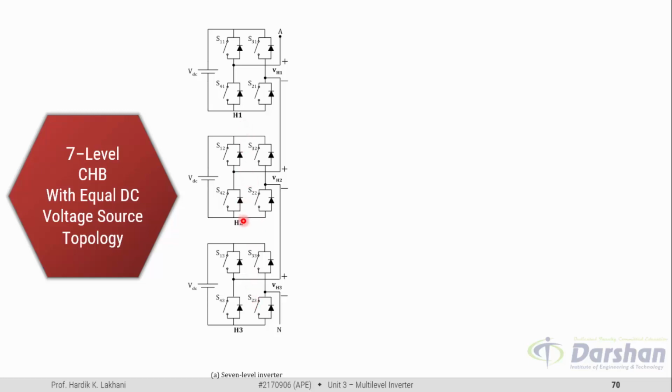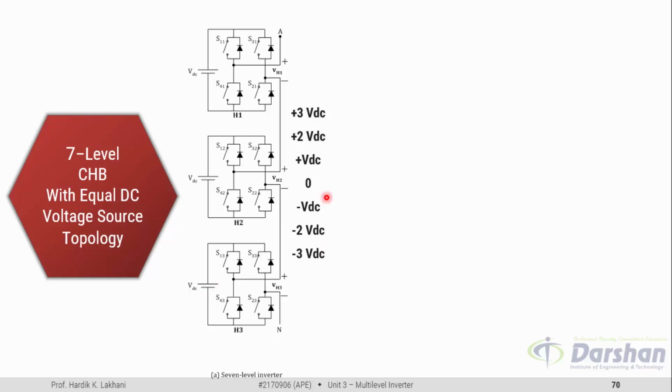So H1, H2, H3, all the H bridge units are supplied by equal magnitude of separate DC sources. And as I explained earlier, by operating the switches of each of the H bridge units in a particular manner, we can produce these 7 levels across the output terminal.